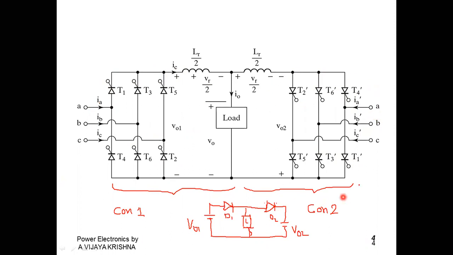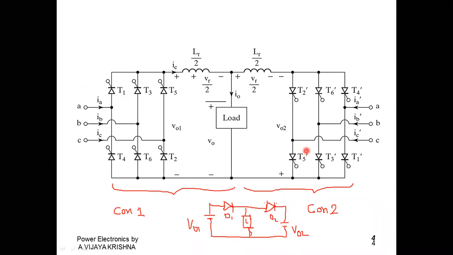The converter switches are drawn like this, and the inverter switches are drawn like this, anti-parallel to the normal converter 1 circuit. That is converter 1.